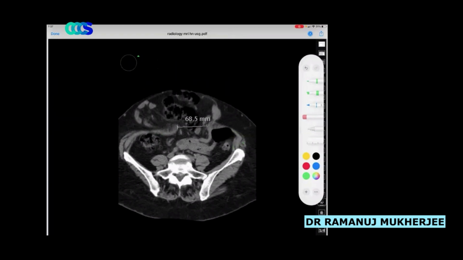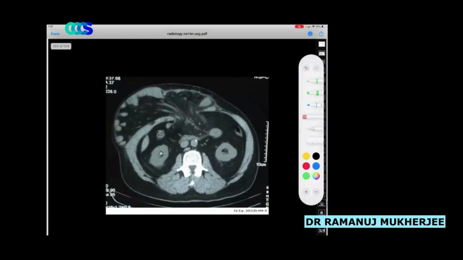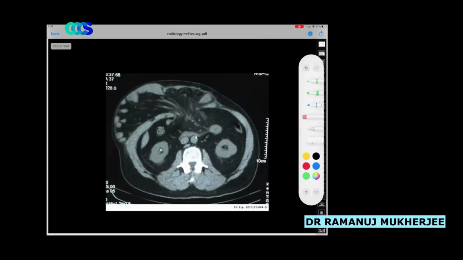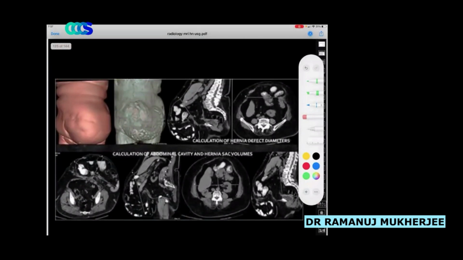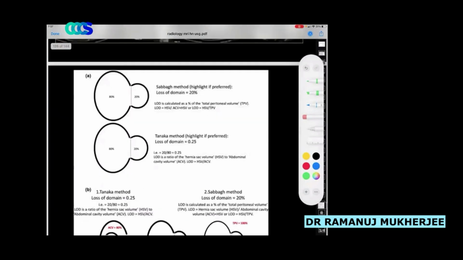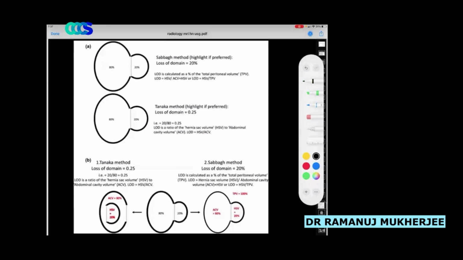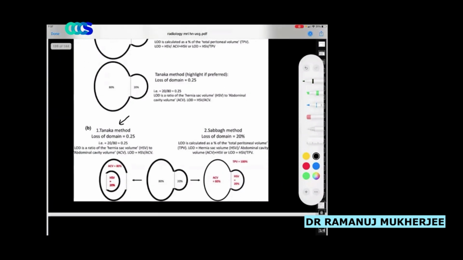If they're doing a TAR, again, see the amount of viscera that is in the bowel. Based on this, there are two indexes that go beyond the postgraduate level, and particularly if you are a hernia surgeon, either they use a Tanaka method or they use a Sabag's method.